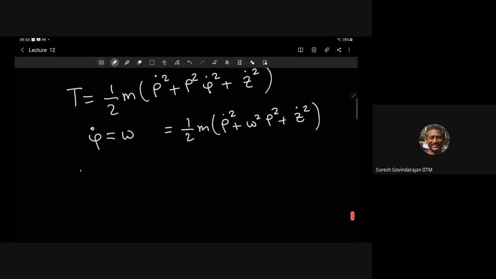And what is the potential energy? I'm choosing rho now as my coordinate.